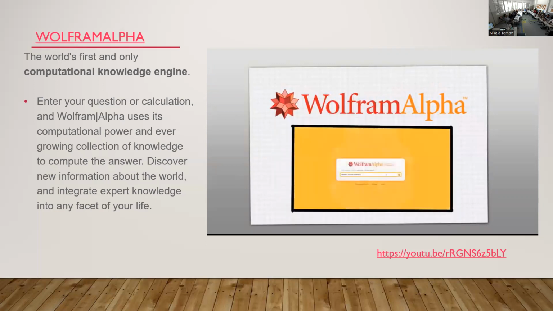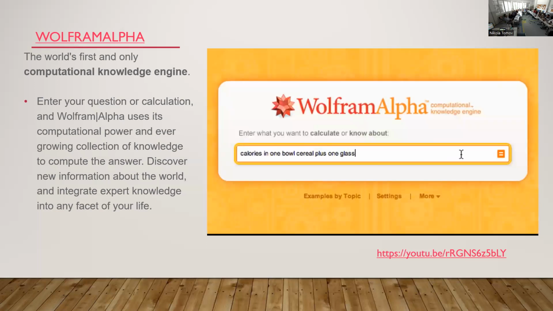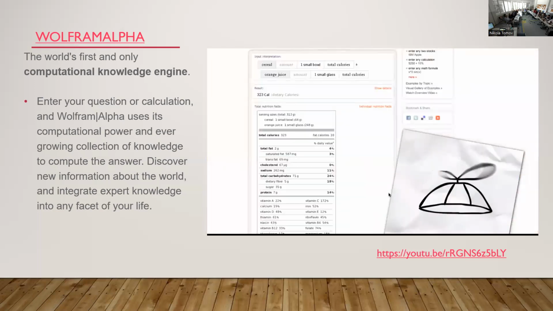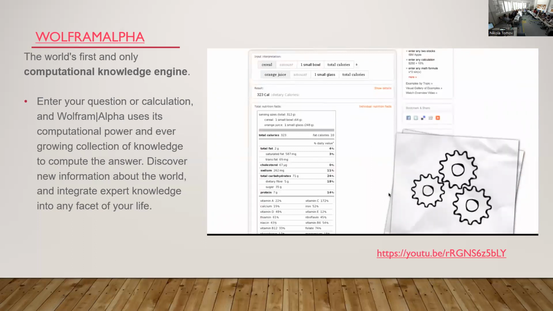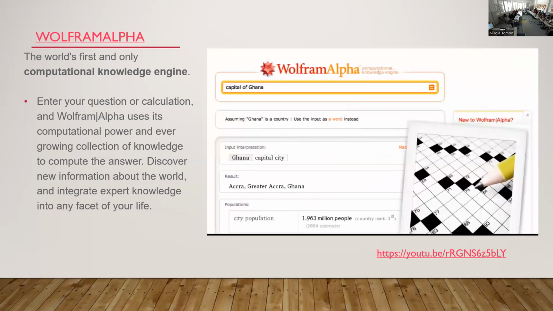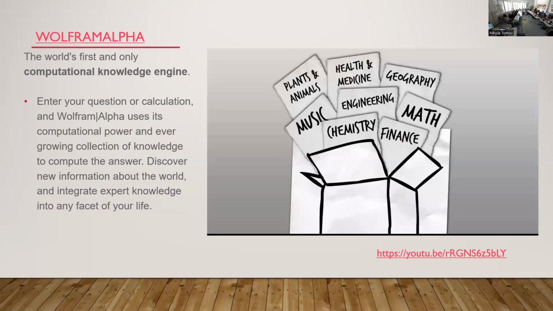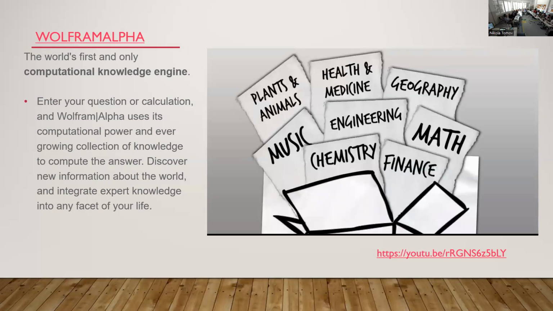When you want to find out about something, such as the nutritional content of your breakfast, Wolfram Alpha is smart enough to understand what you're trying to figure out, and it uses its knowledge to compute the results. Whether you're trying to crack a crossword puzzle, discover scientific facts, or solve an advanced mathematical equation, it also solves maths, chemistry, physics, mechanics. Whenever you need them.